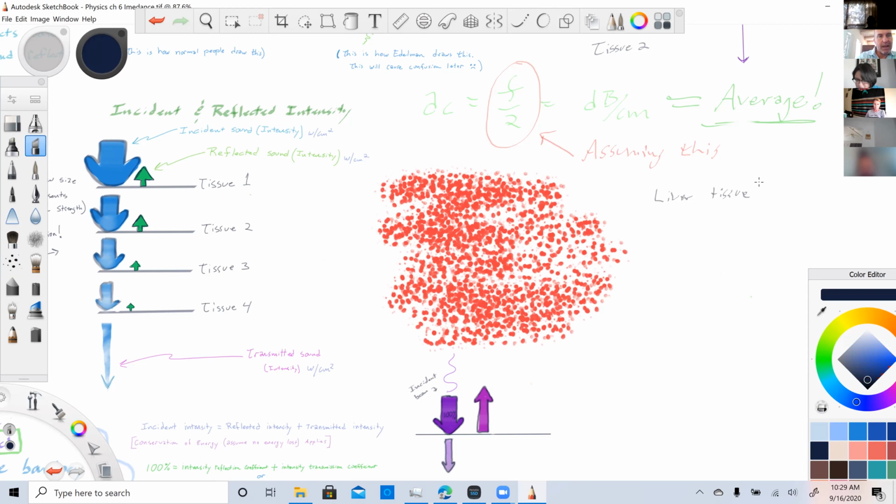Now, just like over here, as sound travels, it's going in. Sound's coming in. It's bouncing back. It's going in.